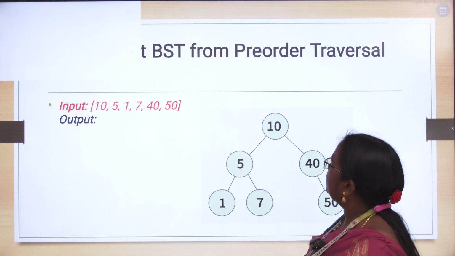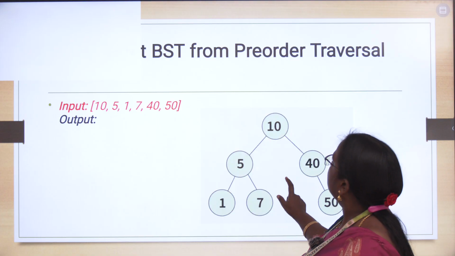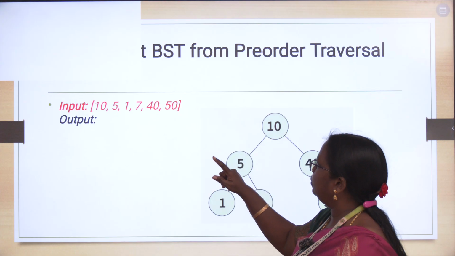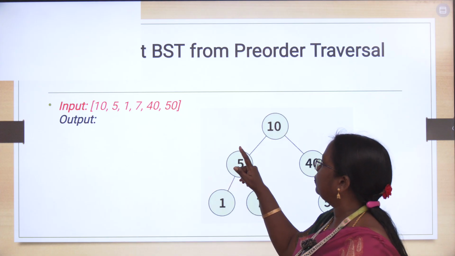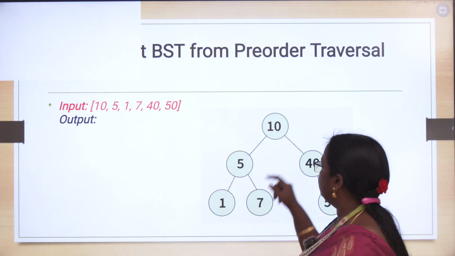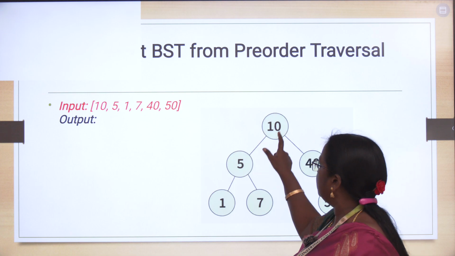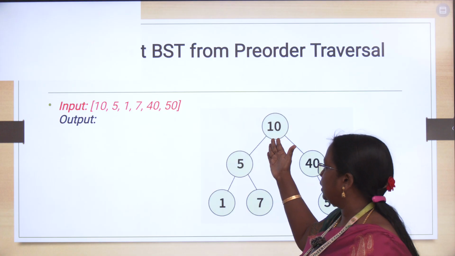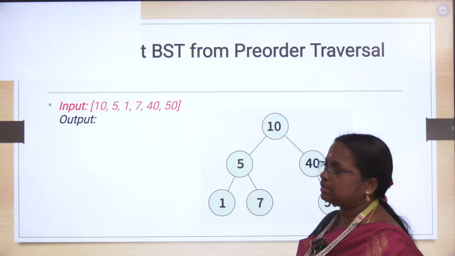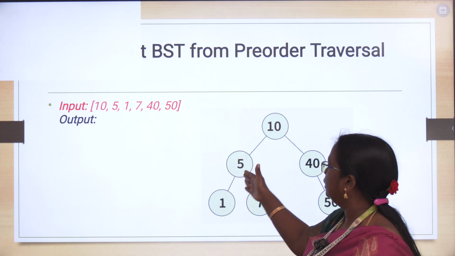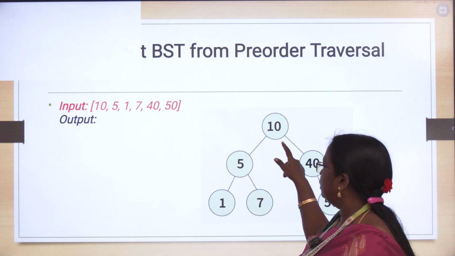I have given a BST for pre-order. I have given the input values 10, 5, 1, 7, 40 and 50. I want to do the pre-order. In pre-order, the first value you have to take is the root. Next, what is the value there, 5? A lesser value you have to give on the left side, and a greater value on the right side.